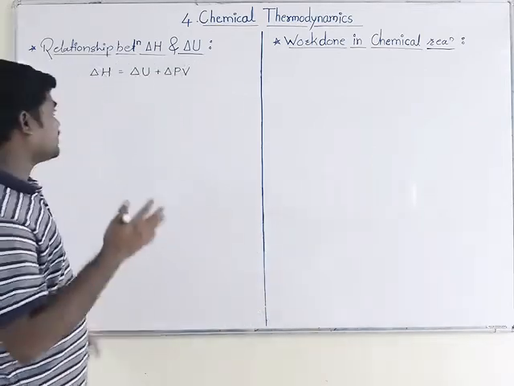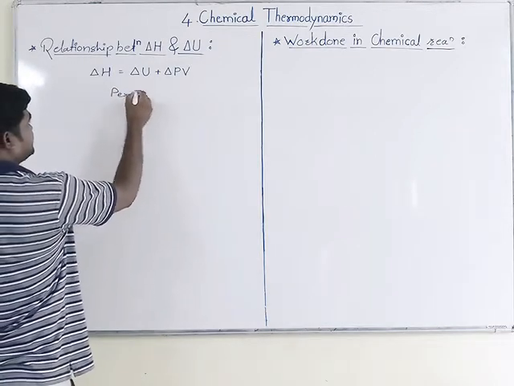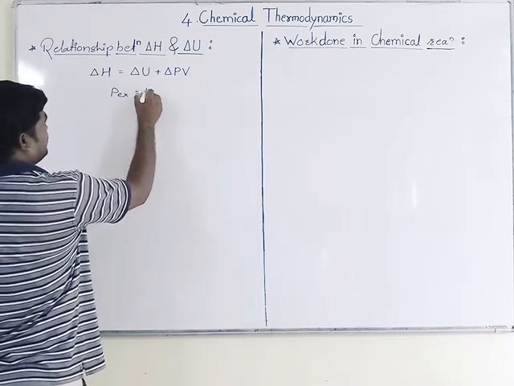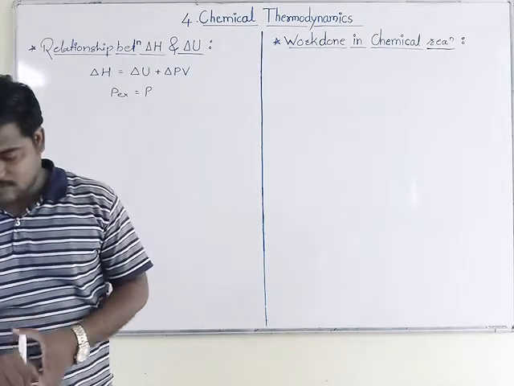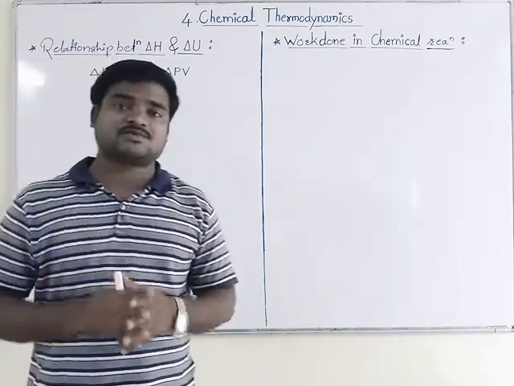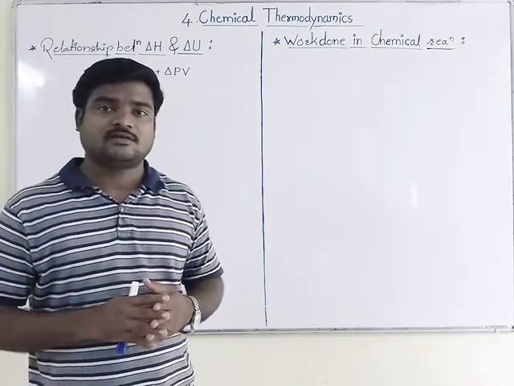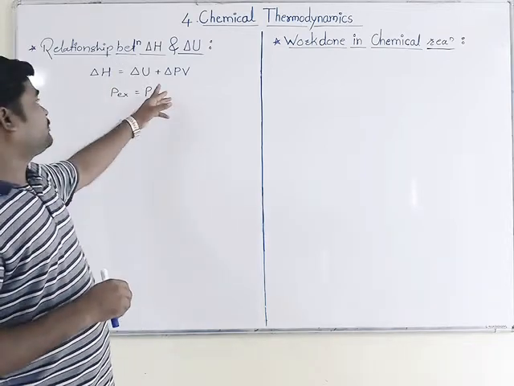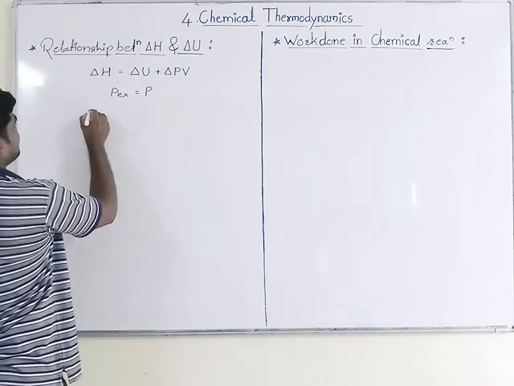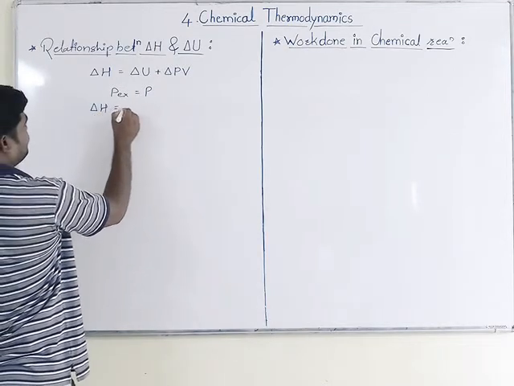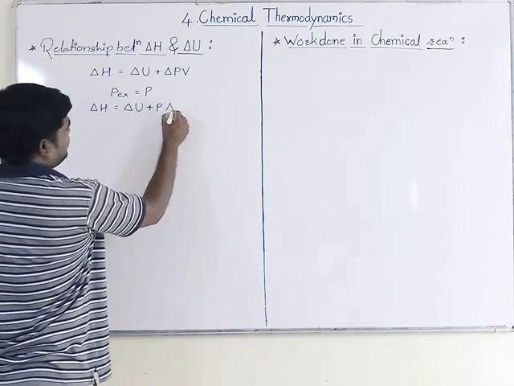Because one condition we have studied is that external pressure is equal to internal pressure P. Under this condition, or at constant atmospheric pressure, when the reaction is carried out in an open vessel, P becomes constant. So this equation becomes: delta H is equal to delta U plus P delta V.